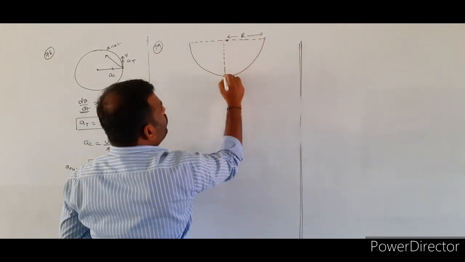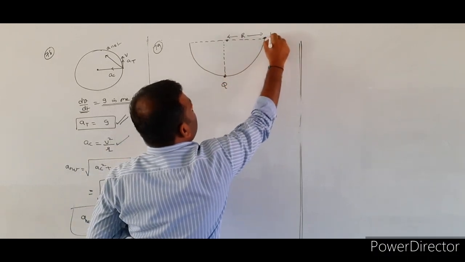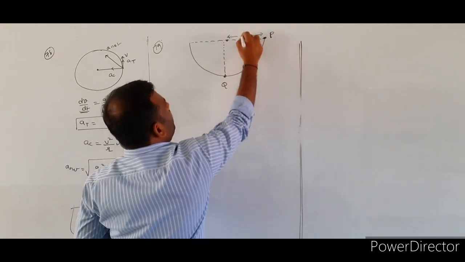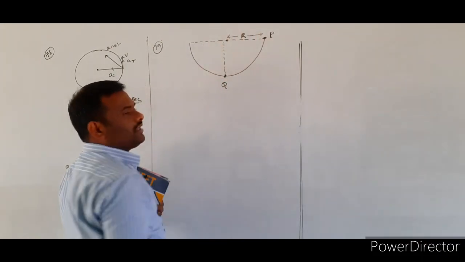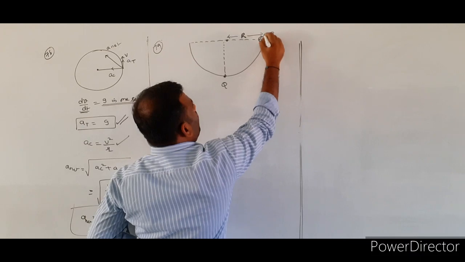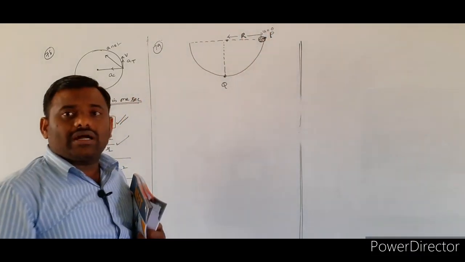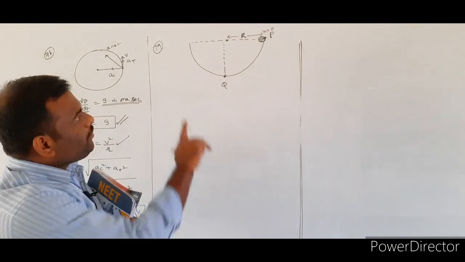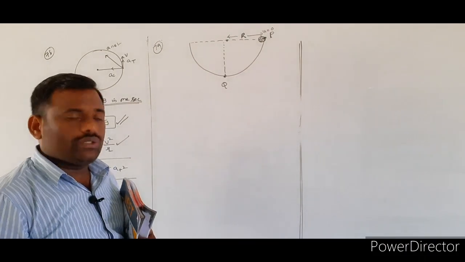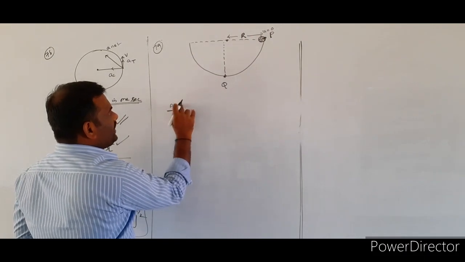Here they consider two different points. This point is capital Q. This point is capital P. Radius is equal to capital R. So initially, from the point P, a body was released. Whenever the body was released, at the point P the initial velocity is equal to 0, but it has the maximum potential energy.